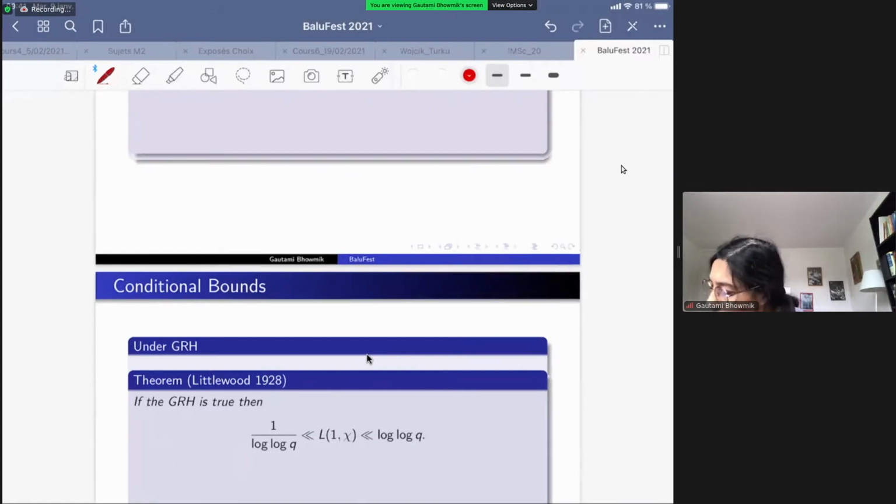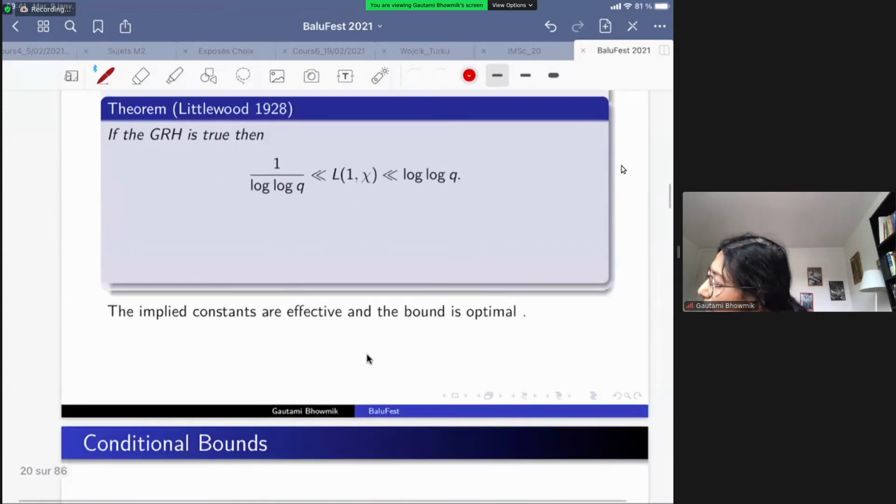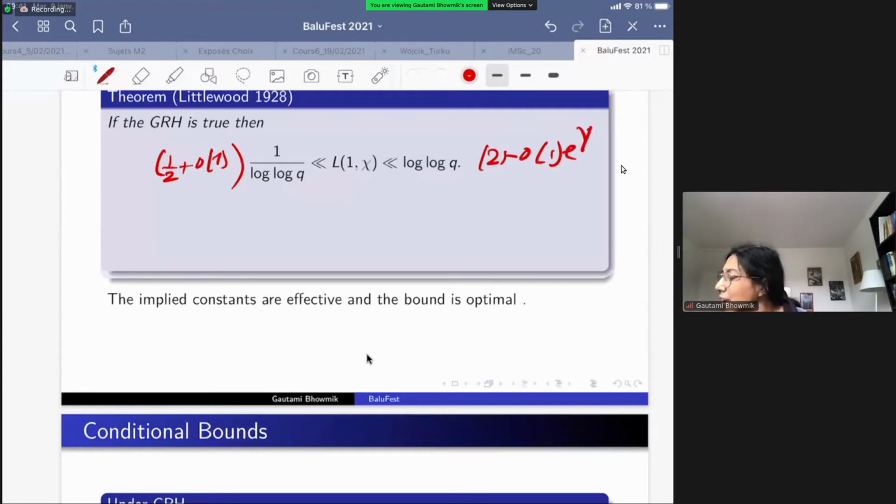You can get some constants here, half of (1 plus little o of 1), and here you can get (2 plus little o of 1) e to the power gamma, where gamma is Euler's constant. These implied constants are therefore effective, but only these can be improved.